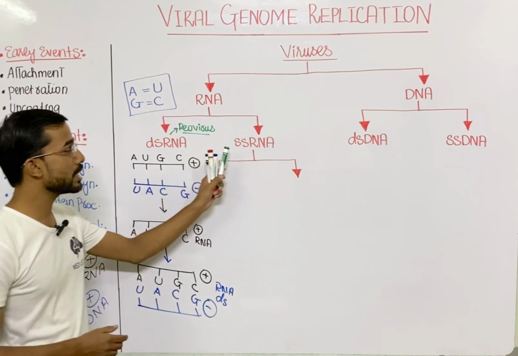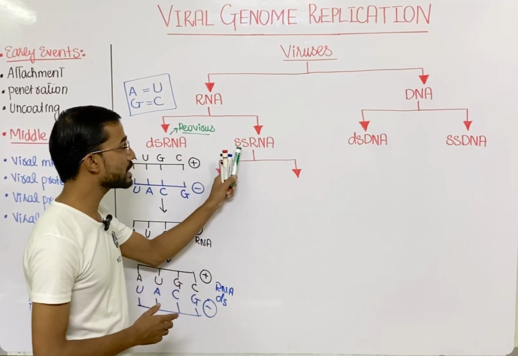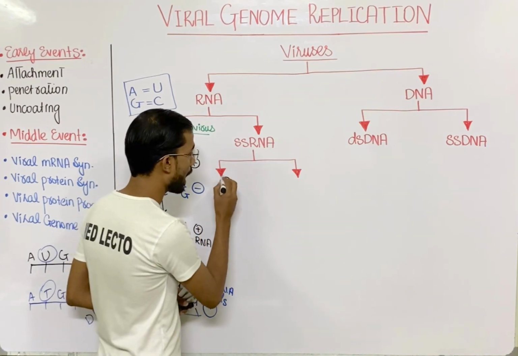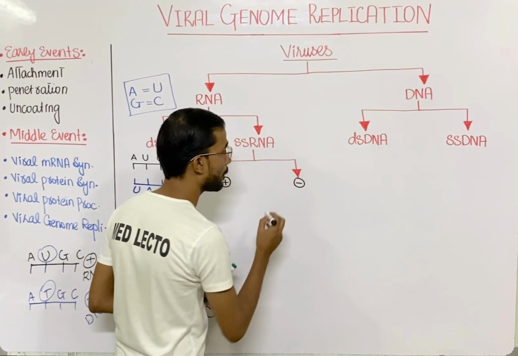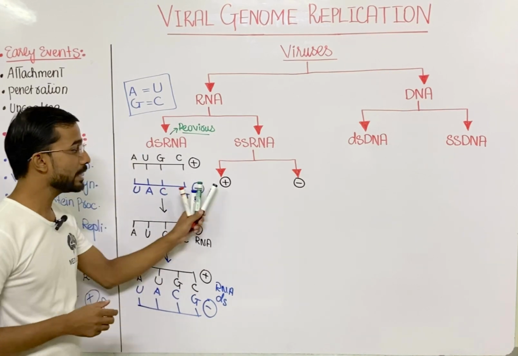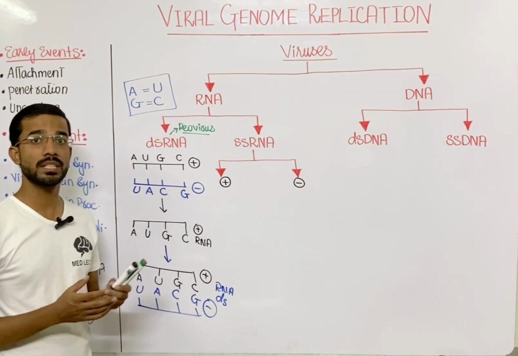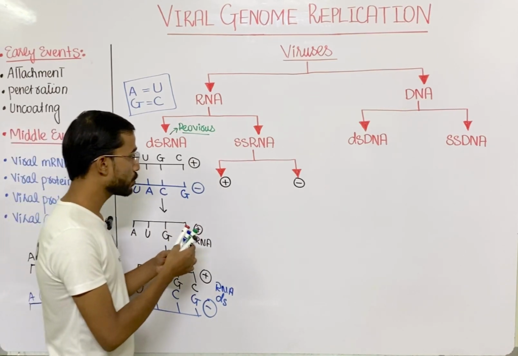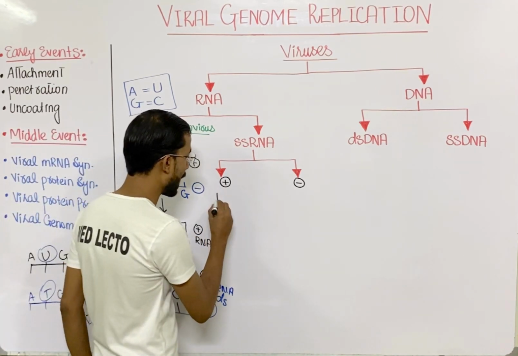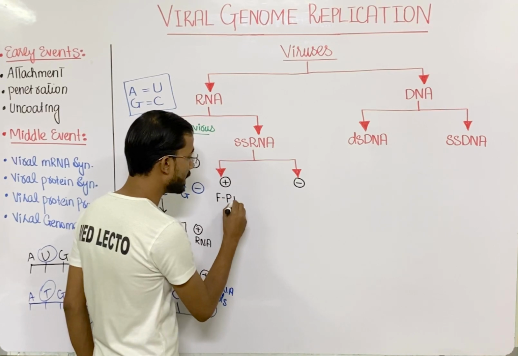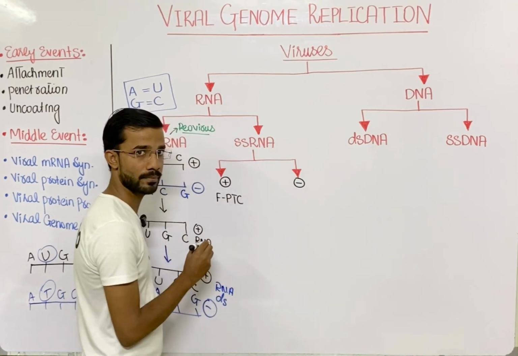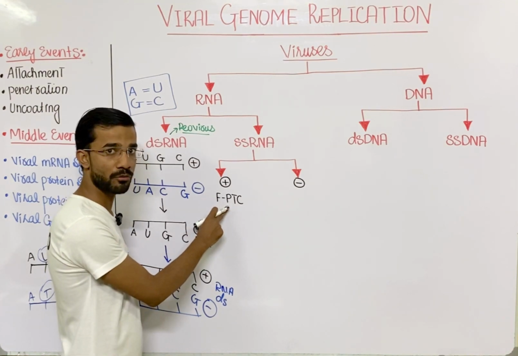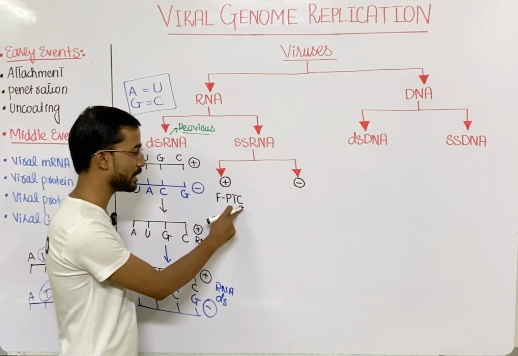Next is single stranded RNA. From the single stranded, we divide it into two: positive polarity and negative polarity. In the positive polarity we see two groups; one is for the exception. In the positive we have FPTC: F for Flavivirus family, P for Picorna, T for Toga, and C for Corona.